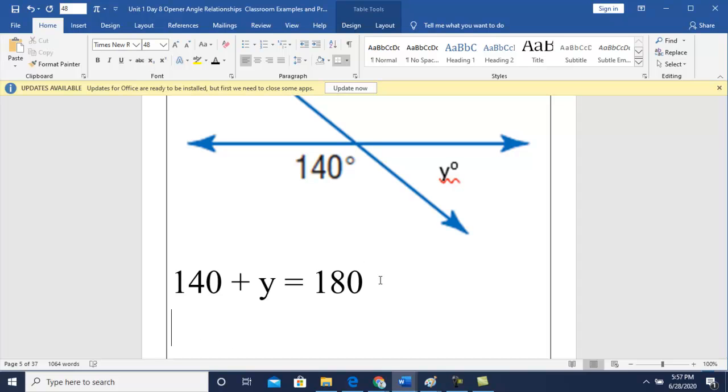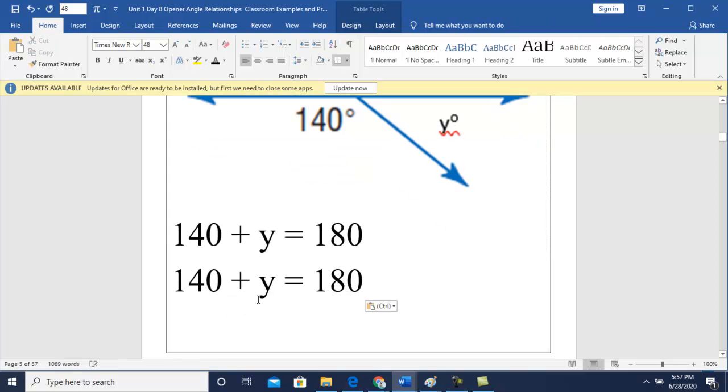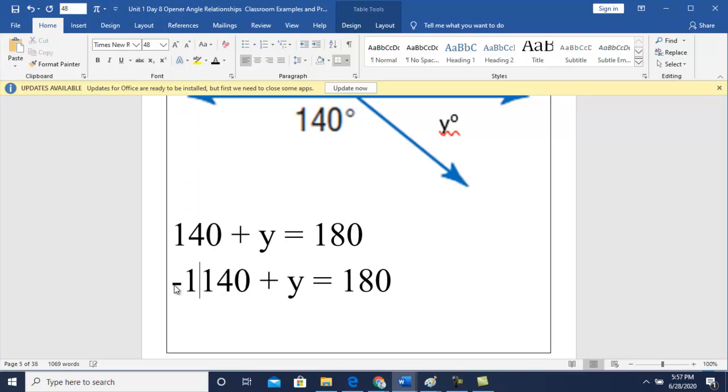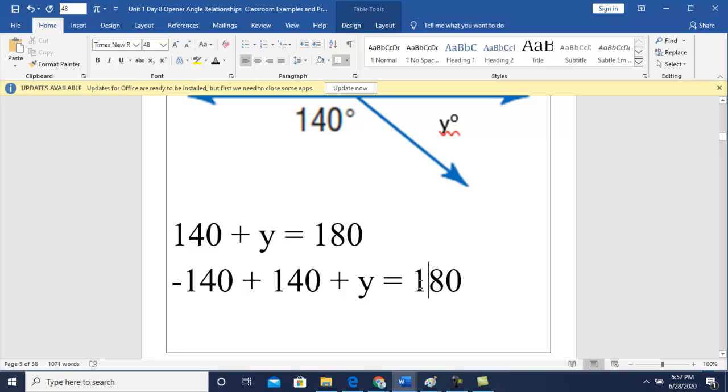So what we'd have to do is use our algebra skills to solve for y. So what we could do is we could add to both sides a negative 140 degrees. We add it to the left, and we add it to the right.